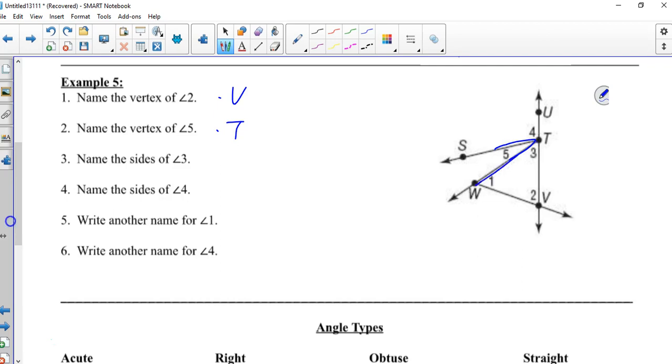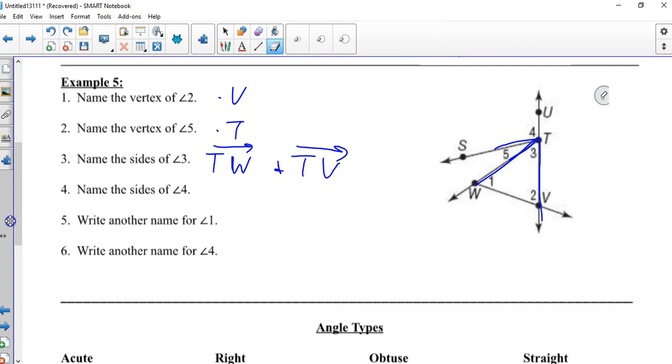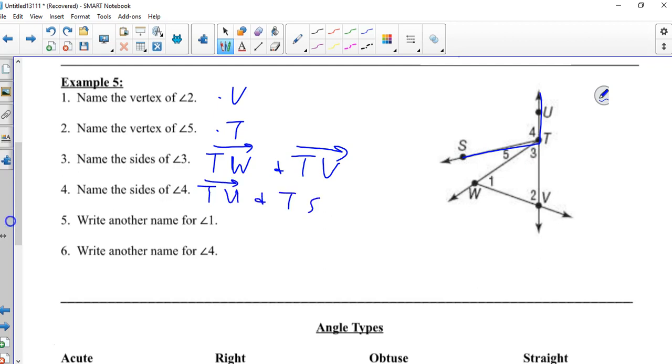Well, that's this angle right here, so that's TW, starting at T going towards W, and TV, starting at T going towards V. Name the sides of angle 4. Well, that's this angle right here. So that would be TU starting at T going towards U, and TS starting at T going towards S.